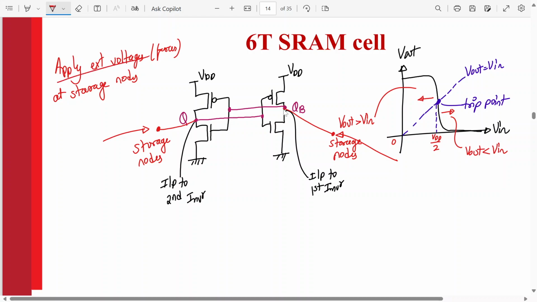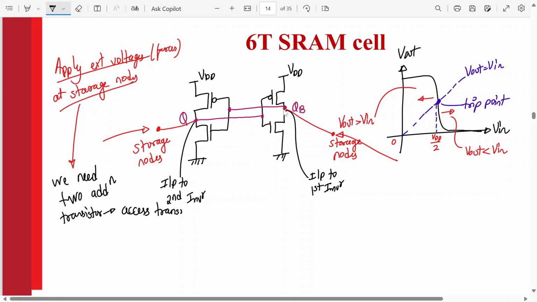So for applying external voltages at the storage nodes, we need two additional transistors, and these transistors are called access transistors. This will change the voltage of the storage nodes, and then we can write into the memory, read from the memory, and do all kinds of operations. Right now it is just in the hold mode.